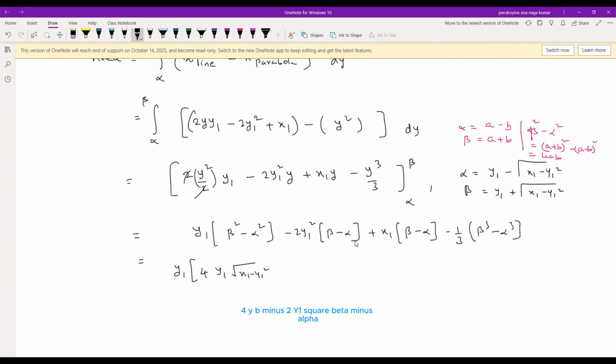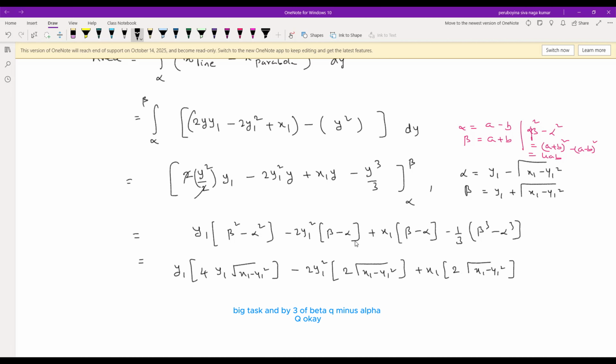Minus 2y1 square, beta minus alpha. So beta minus alpha is 2 times root of x1 minus y1 square, and y1 got cancelled. And also x1 of beta minus alpha again, so 2 times root of x1 minus y1 square.